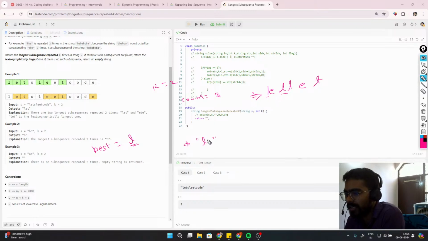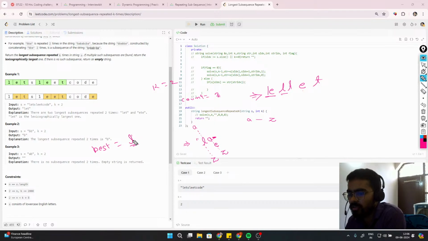Now he added one more character again. After this he's iterating from A to Z, adding one character at a time. This will range from A to Z; it will be replaced by A, B, C, D, up to Z. Similarly, this will also be repeated from A till Z. Suppose we found LE, and LE is twice.